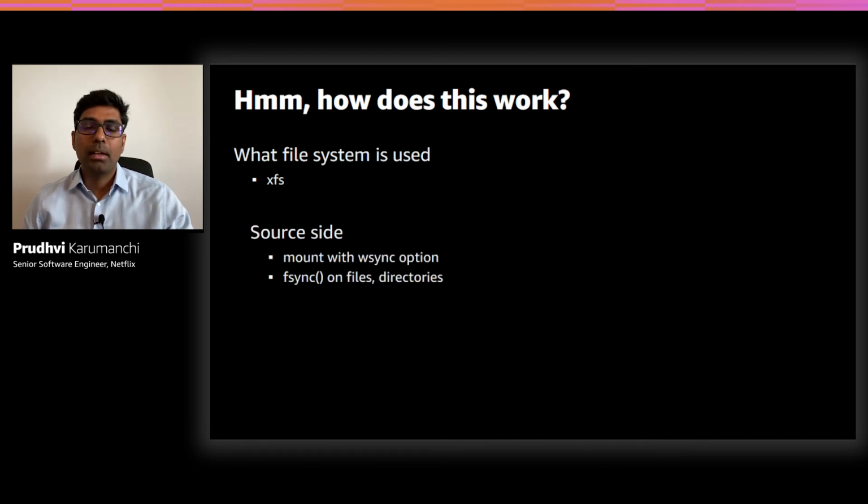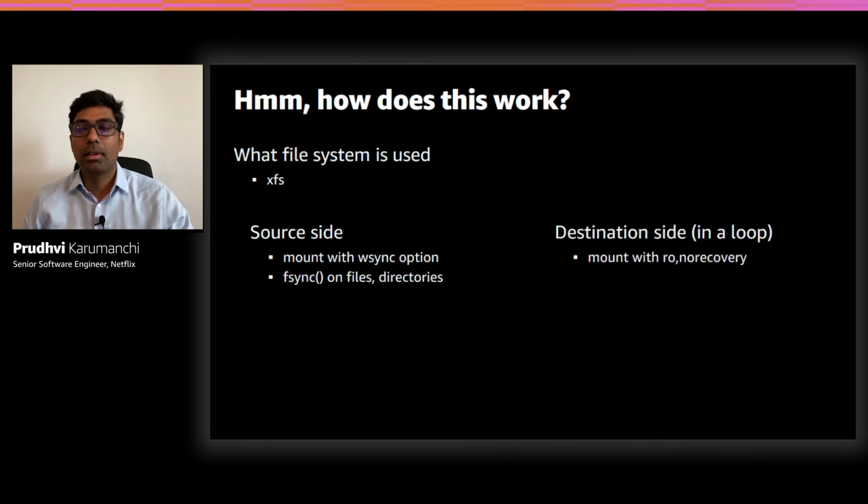On the source side, we have mounted it with the wsync option, which will make sure that any writes you make on the file system get persisted to the underlying block device. We also make sure that we run fsync on files and directories. That will also make sure any file system metadata at the directory level gets persisted.